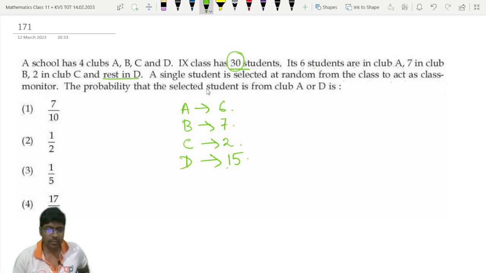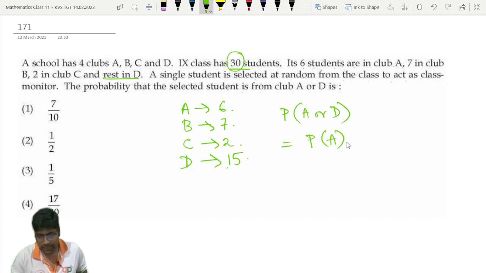The probability that the selected student is from club A or D is equal to probability of A plus probability of D, because these two are disjoint, mutually exclusive events. The students in club A will not be in club D; the club A students are different and club D students are different.